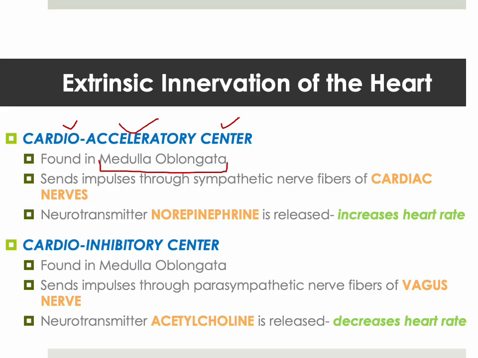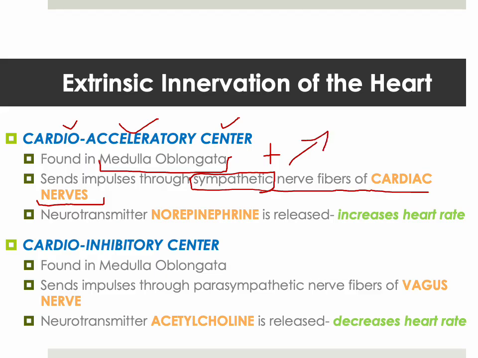If you remember this area, it's also where some of our respiratory control is. This one sends impulses through the sympathetic nerve fibers to the cardiac nerves. The sympathetic system is always an increase response. This is part of your fight or flight response, so it's going to increase our heart rate.